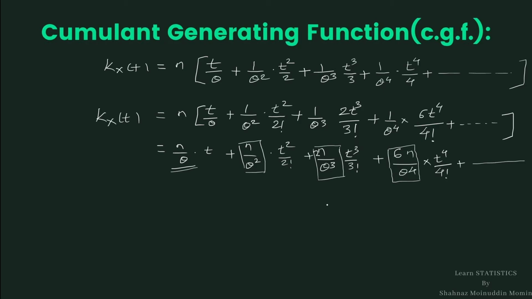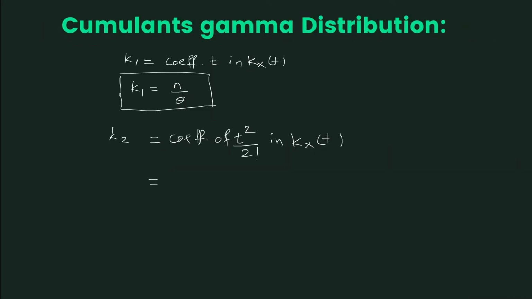So we will write all these cumulants. K2 equal to n upon theta square, and we know that K2 equal to mu 2, means the second cumulant is same as the variance of a random variable X.